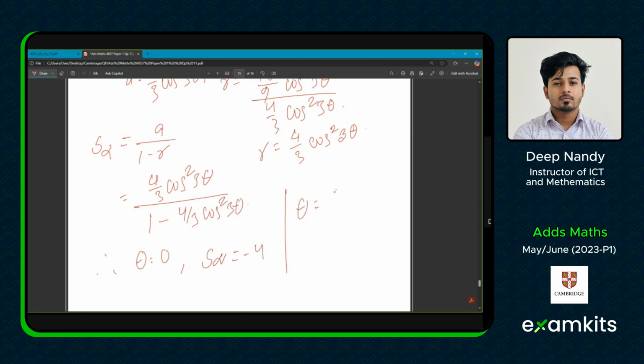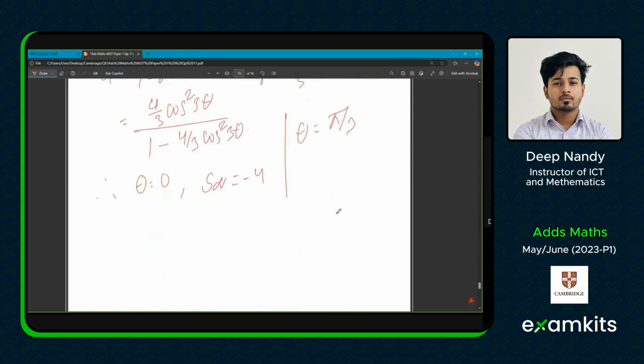And when θ equals π/3, the sum to infinity equals minus 4.